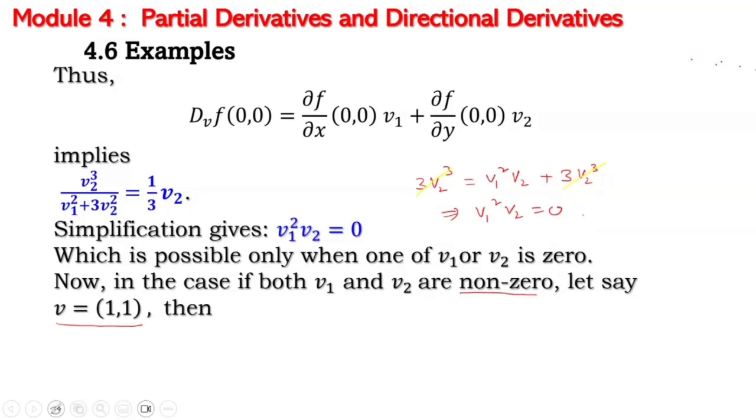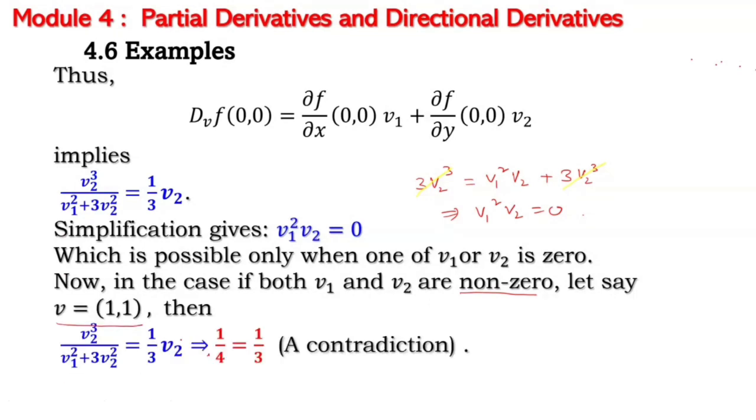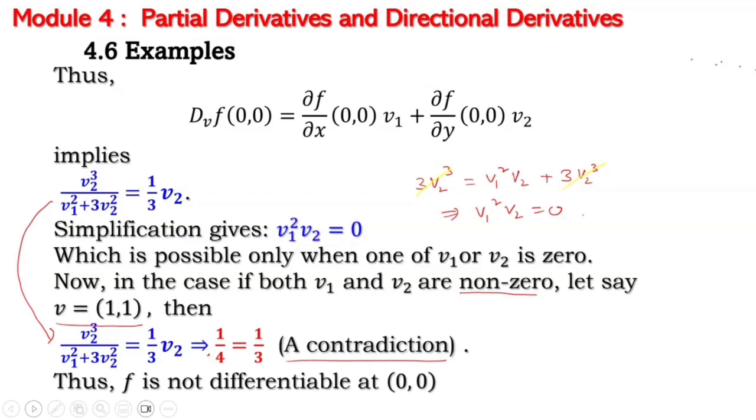Then from this relation we get that 1/4 is equal to 1/3, which is a contradiction, not possible. So therefore our assumption that the function is differentiable is wrong. So we get the conclusion that the function is not differentiable at (0,0).